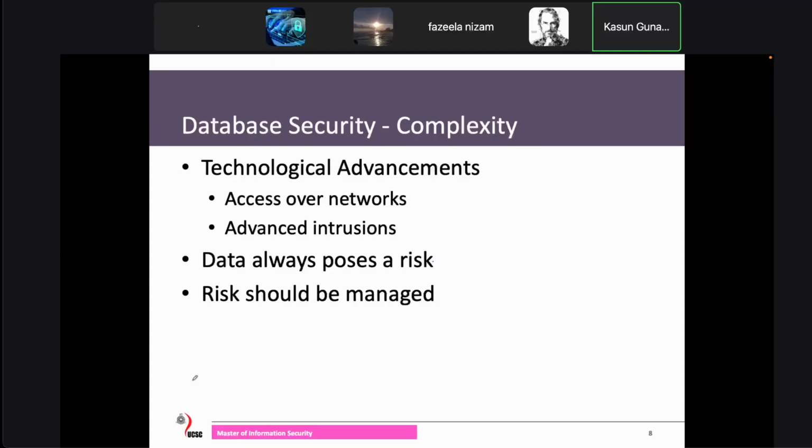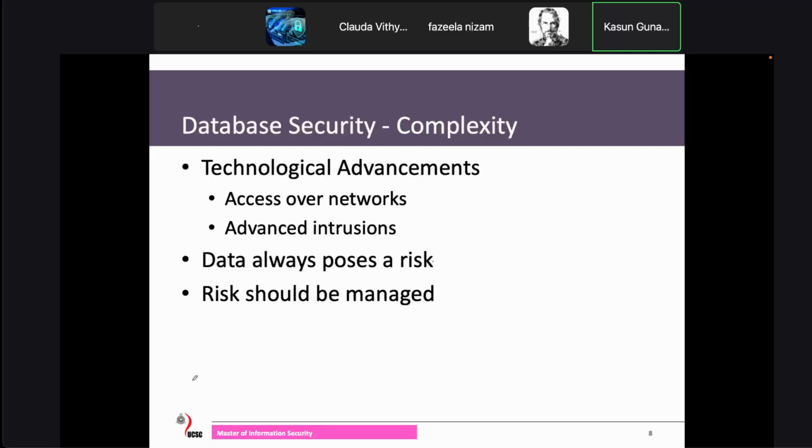So technological advancements have already made these data environments complex. And at the same time, the bad guys have advanced their approaches as well. So advanced intrusions are always inevitable. So we have to be prepared for them as well.